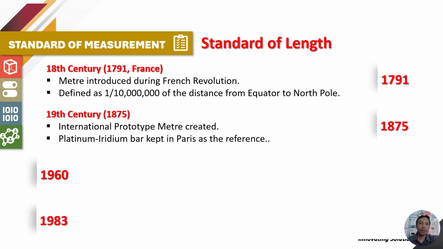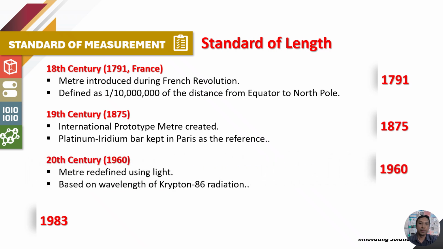In the 19th century, a platinum-iridium bar was made as the international meter standard. In the 20th century, the meter was redefined using the wavelength of Krypton-86 light.